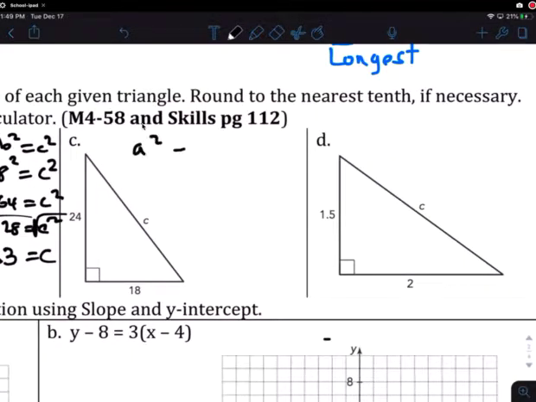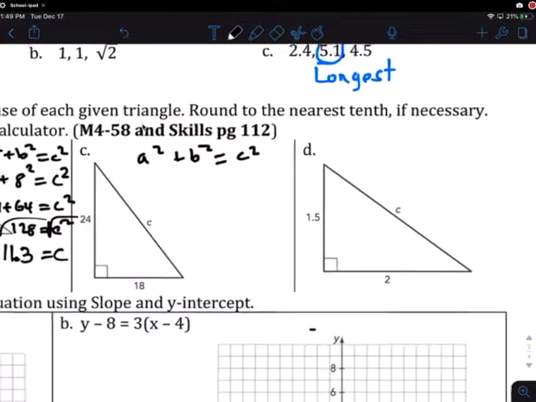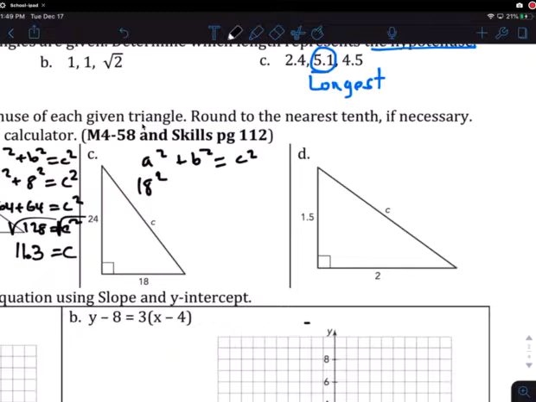A squared plus B squared equals C squared. So 18 squared plus 24 squared equals letter C squared. 18 squared is 324 plus 24 squared.